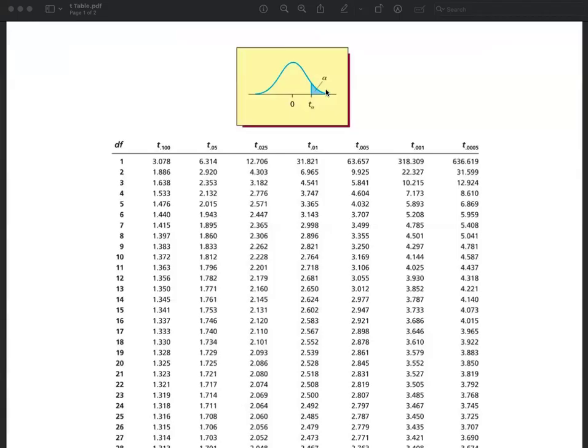And therefore, using this table, we will look for the area to the right of positive 4.825. So in degrees of freedom 14, we will look for that t-score 4.825. But as we can see here, it's not in this row. If you look at the trend, it keeps on increasing. As the t-score increases, the area to the right decreases.